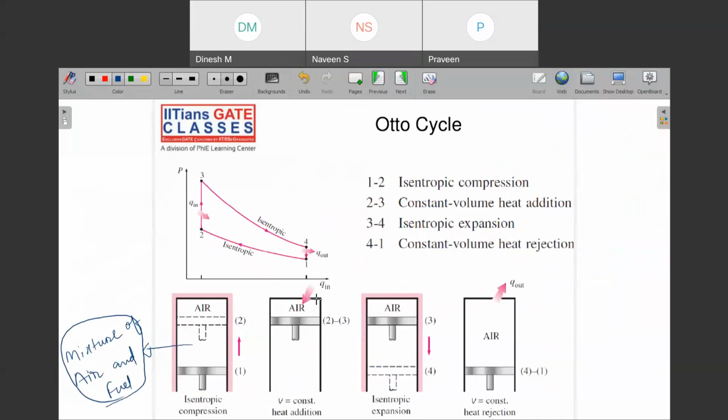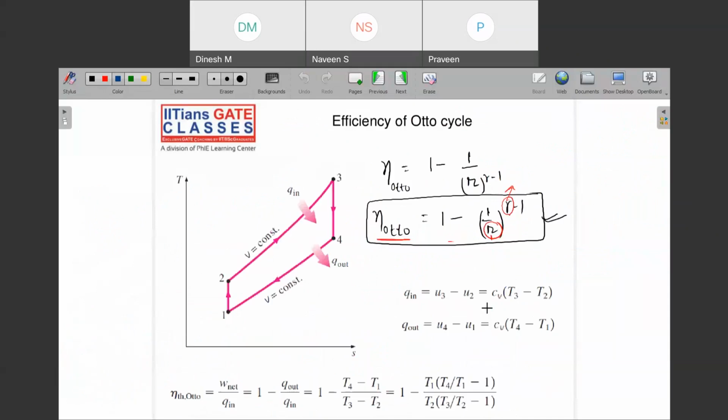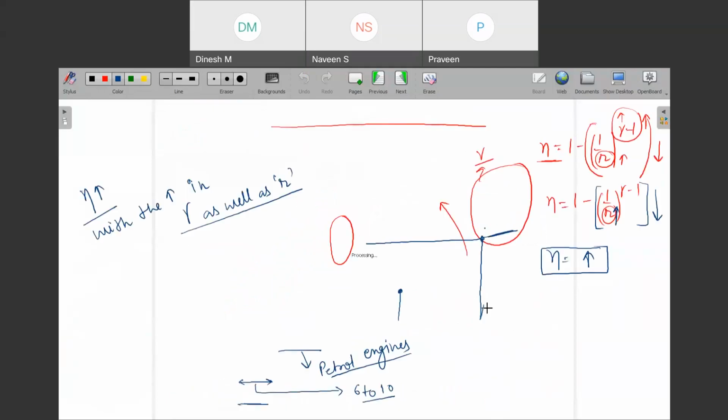This got compressed, then we provided some heat, then this got expanded and this got rejected. But in the case of diesel engines, only air will come into the picture, and then again you will compress it.